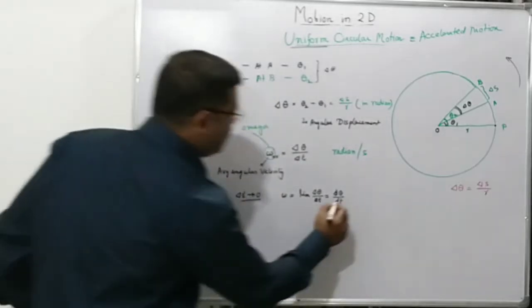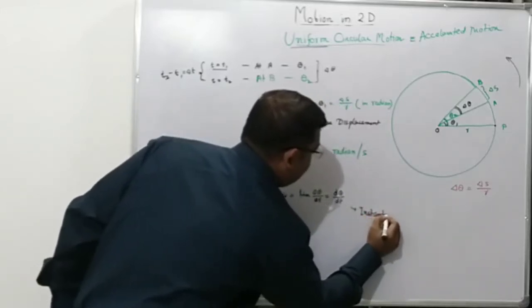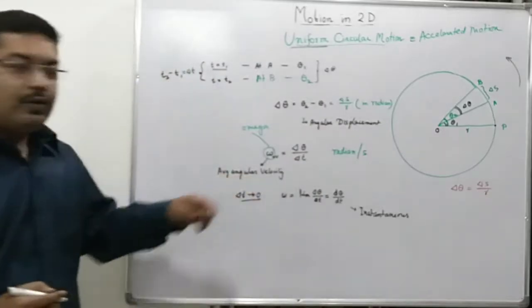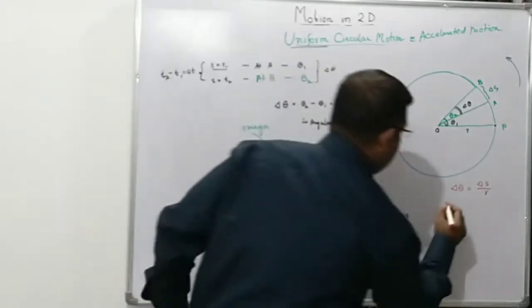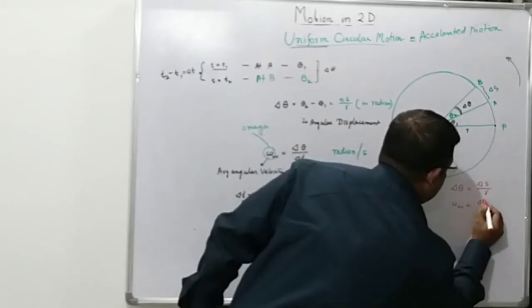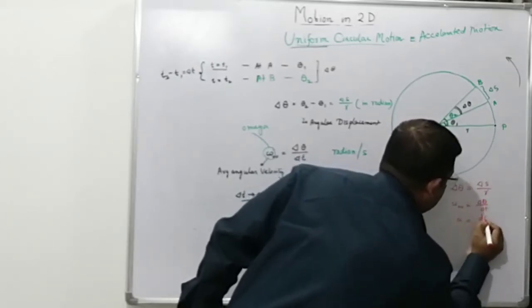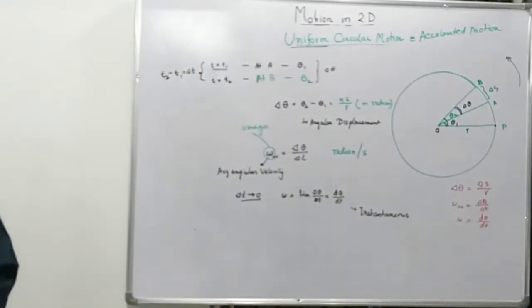This will be known as instantaneous angular velocity. Okay, so omega average is delta theta by delta t, and omega is given by d theta by dt.